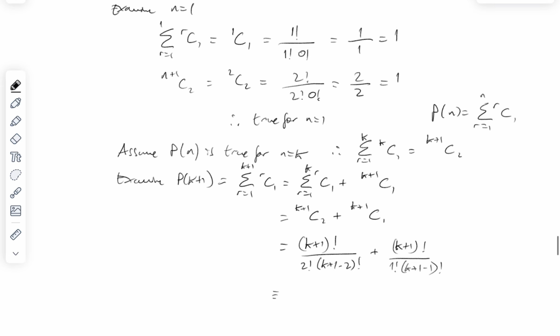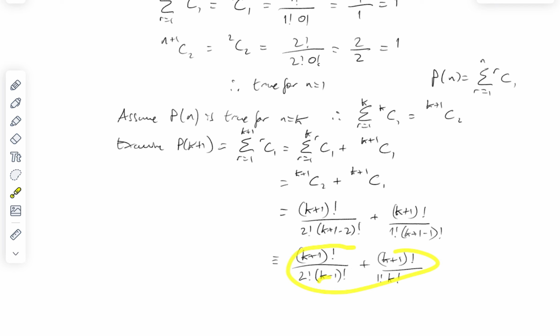Let's use the definition. Let's just simplify that. This becomes k minus 1 factorial. This becomes k factorial.